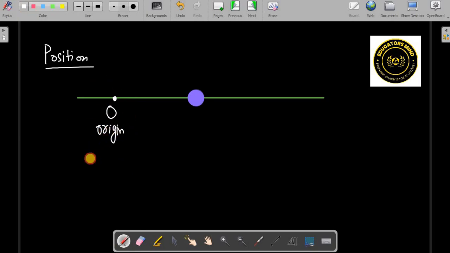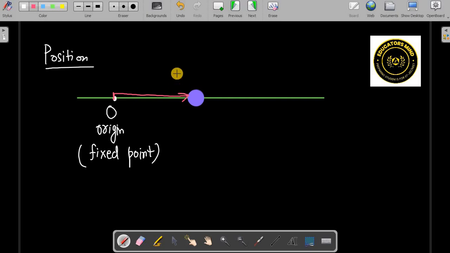This origin is a fixed point, and the observer who wants to study this object is supposed to be at the origin. So with respect to the origin or with respect to the observer, we want to study the position of this body. So position means from here, this side is the positive direction.